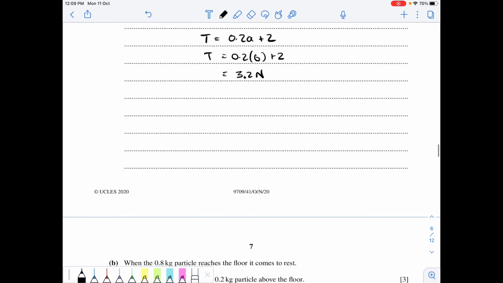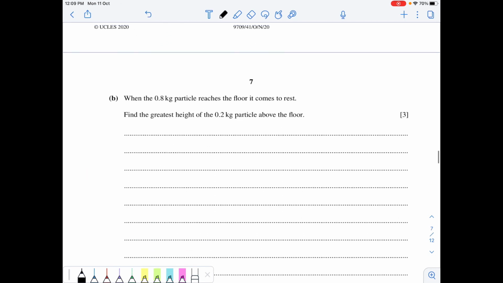So, what do we know? Well, let's consider the 0.8 particle. We know that it's going to have a displacement of 0.5 meters before it hits the ground. We know its initial velocity is 0. We calculate its acceleration as 6 meters per second squared, and it's positive because we're considering it moving downward in the direction of motion.